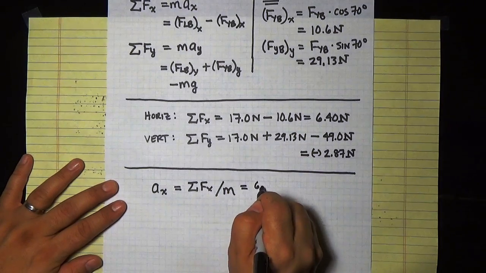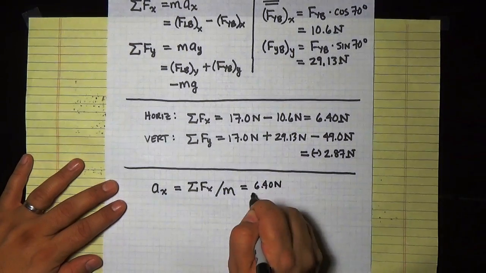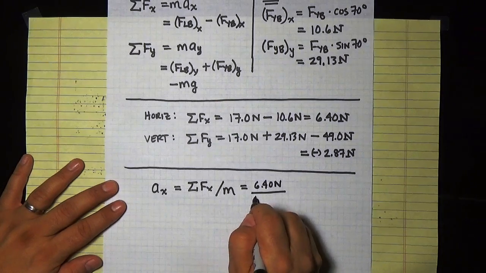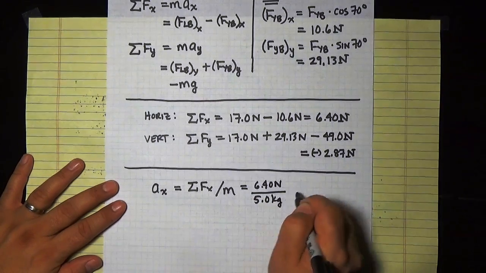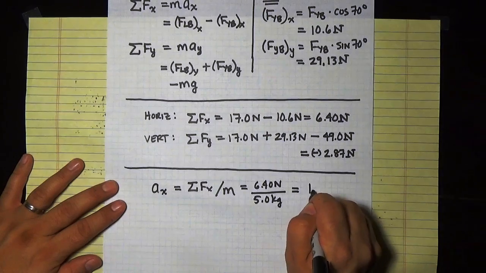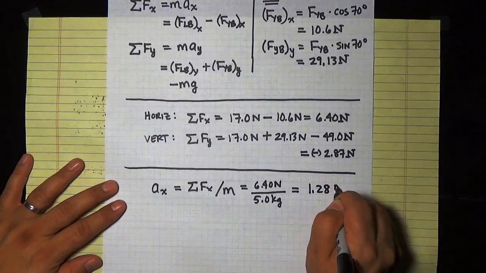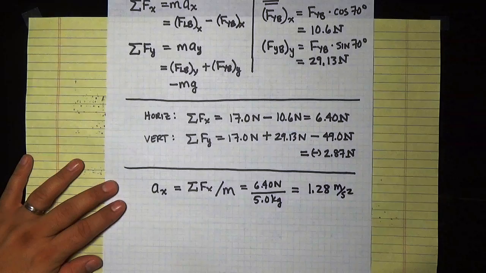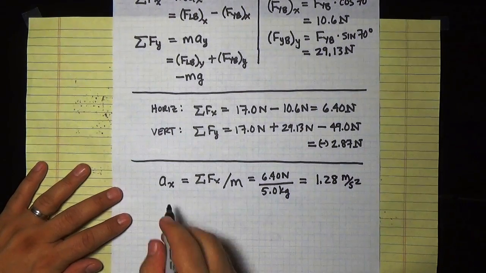So that is 6.40 newtons divided by 5.0 kilograms. And so the acceleration is 1.28 meters per second squared in the x direction, towards me.